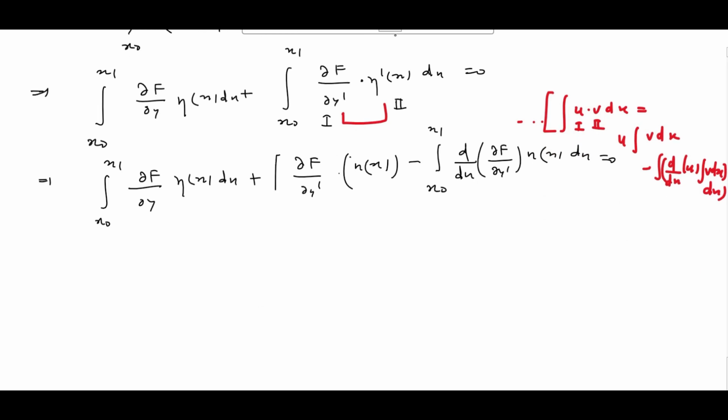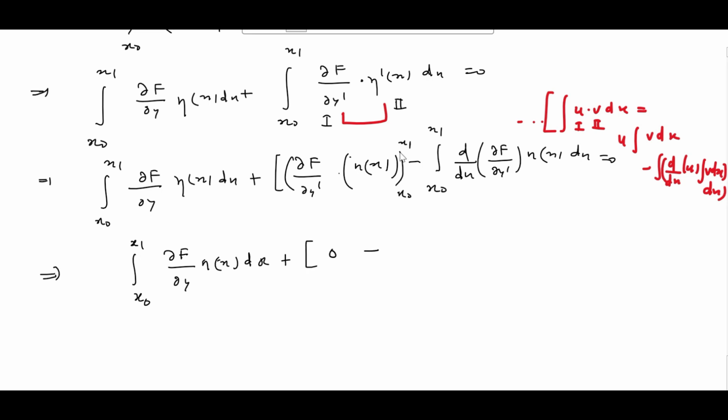So now substitute the lower limit and the upper limit. So here will be integration from x0 to x1, del f over del y eta of x dx, plus, upper limit and lower limit, after substitution it becomes 0.